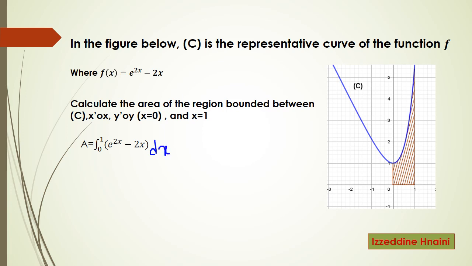The antiderivative of e^(2x) is 1 over 2 e^(2x), and the antiderivative of 2x is 2x squared over 2, that is x squared.